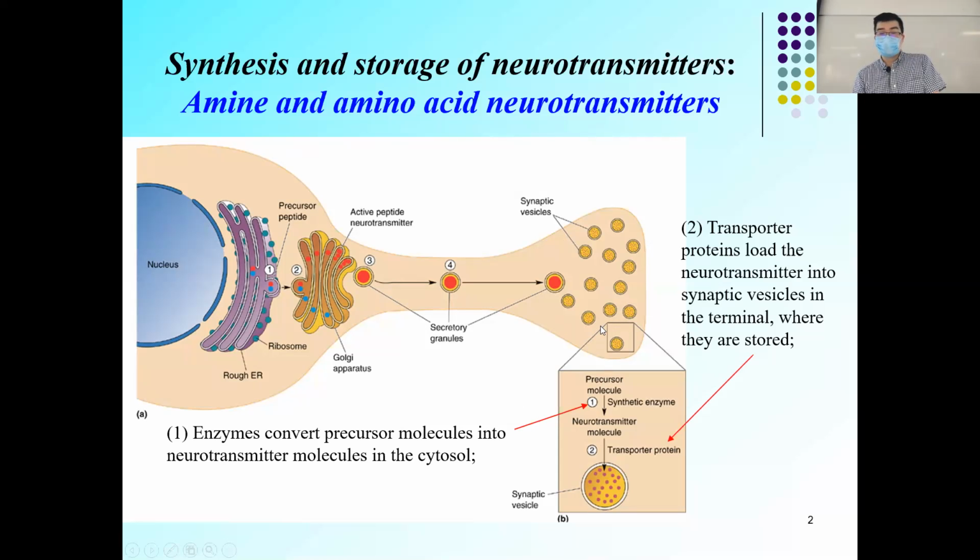So when we talk about individual neurotransmitters, we will talk about the production pathway, in which different enzymes synthesize the neurotransmitters, which are then transported into the vesicle, and then that will be ready for the release. Now, the release is also a complex process, and we will also talk about it.